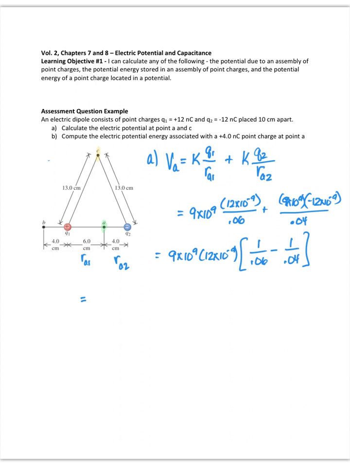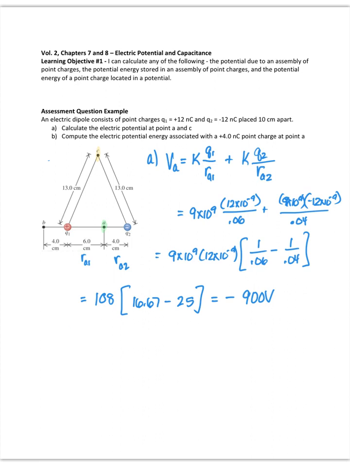And so if I multiply the 9 times 10 to the 9th times the magnitude of the charges, I get 108. And then my inverse of my distances gives me 16.67 minus 25. And this is actually going to give me a negative potential. That should make sense because the potential is going to be dominated by the negative charge because it's closer to that. And so the potential at point A is minus 900 volts.